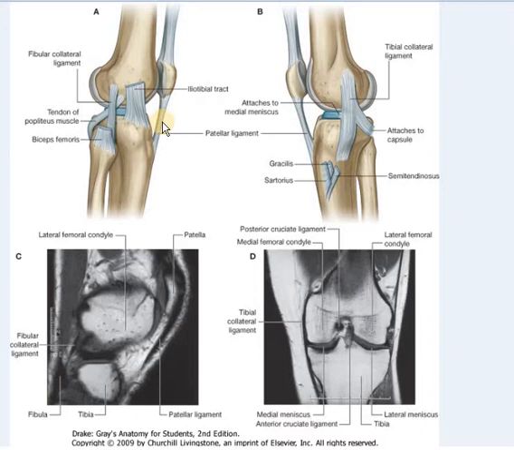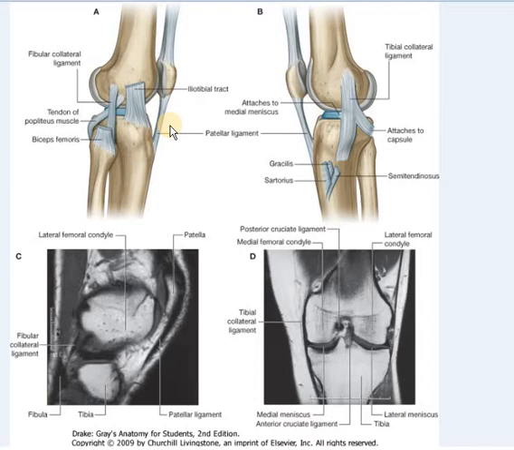This is the patellar ligament. In this picture you can see the patellar ligament. These two are the quadriceps femoris tendon. So we can say that the patellar ligament is basically the continuation of the quadriceps femoris tendon, inferior to the patella.